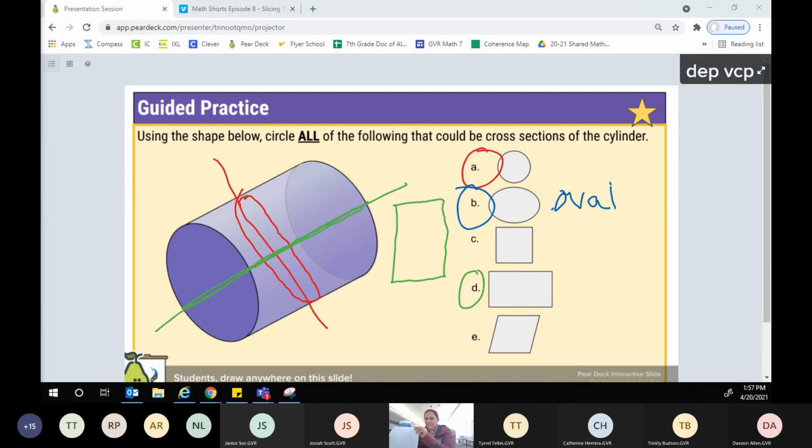If you were to go diagonally, like here, through it, you'd basically still be making a circle because you go down and then around, but it would be stretched out because it's going from the top to the bottom. So the oval is the third one.